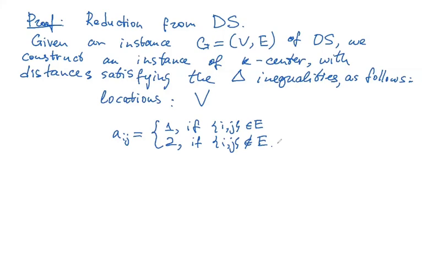So then let's see what is the correspondence between the K-center solution and the dominating set solution. First of all, these distances satisfy the triangle inequalities, right?